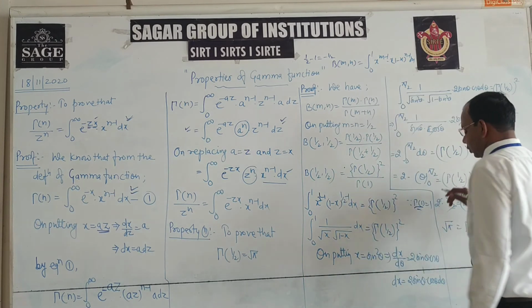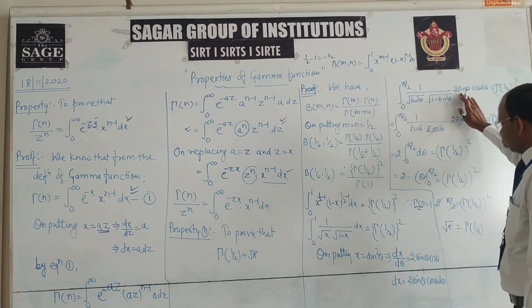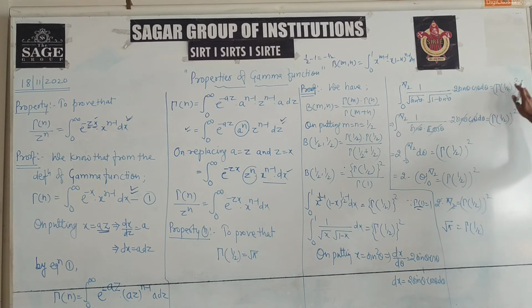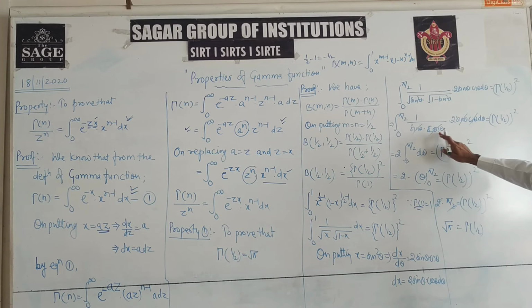With x as sine square theta and 1 minus sine square theta, under root 1 minus sine square theta means cos theta. The sine theta cos theta will be cancelled here.